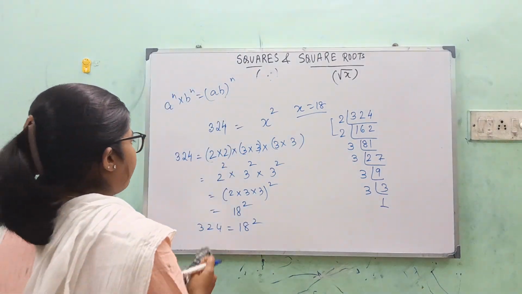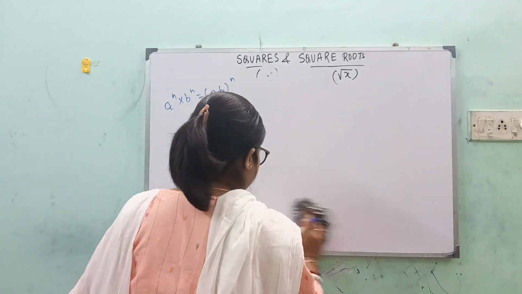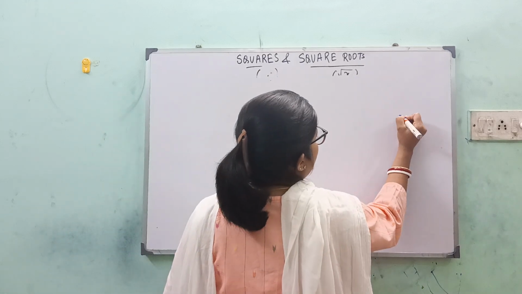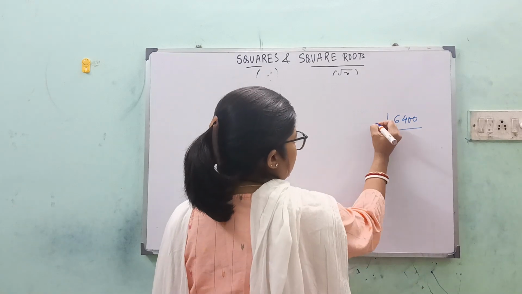So let's take another example. Let's take 6400. We'll first find the prime factorization.